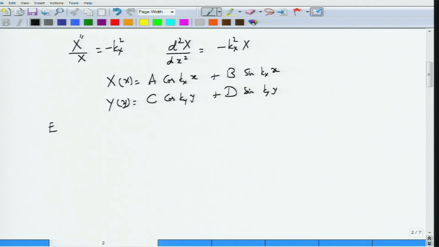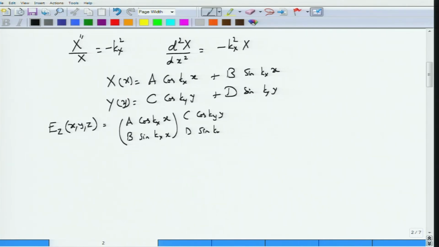So, the total expression for Ez, which will be a function of x, y and z, will be given by (a cos kx x plus b sin kx x) times (c cos ky y plus d sin ky y).